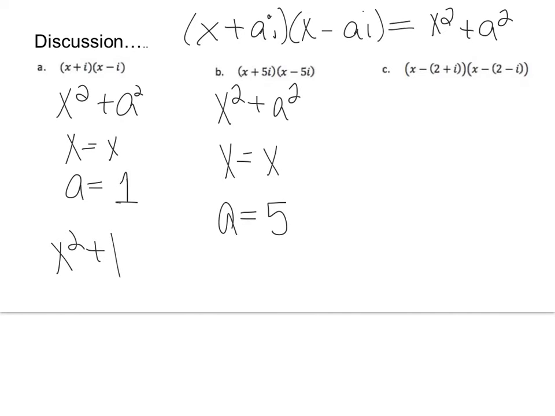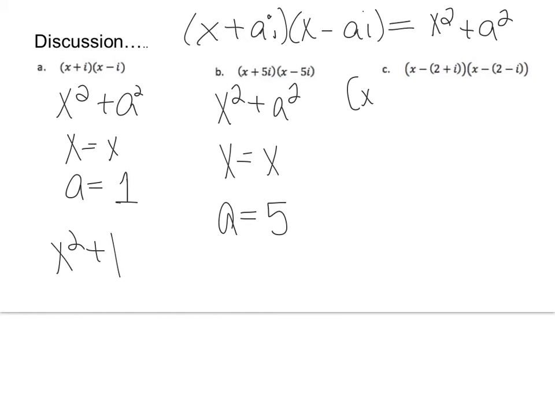Now if we look at this last one, we can actually have some fun with it and make it a lot easier, okay? If you look at how it is, we did x minus quantity 2 plus i, and then x minus quantity 2 minus i. We're going to move some parentheses around a little bit, and you'll watch the magic that happens.